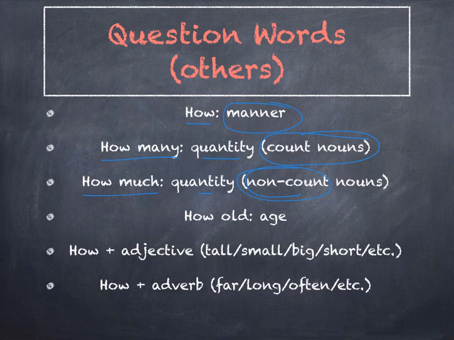How old, looking for the age of someone. And then you can use your how and add an adjective such as tall, small, big, short, etc., or an adverb like far, long, often, to get a more specific answer once again. And we're done for the simple present tense.